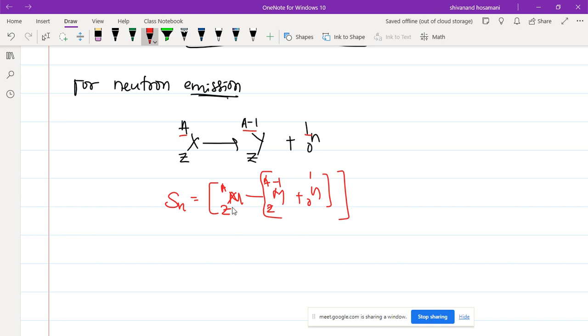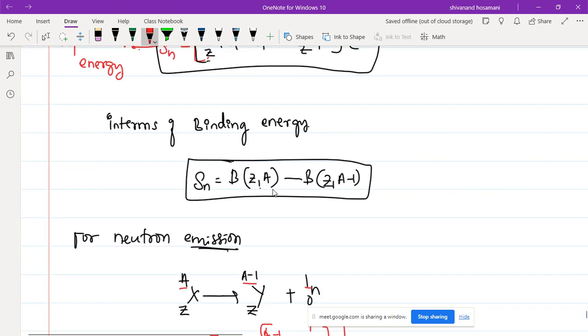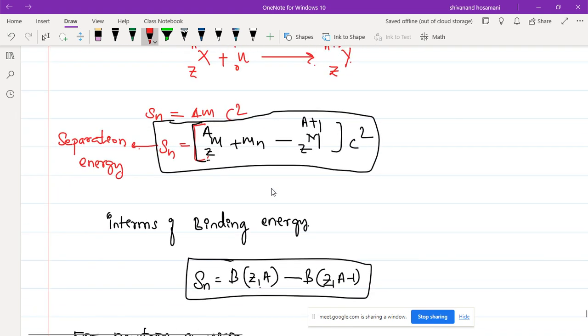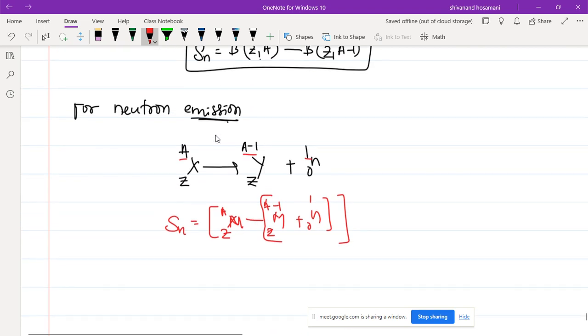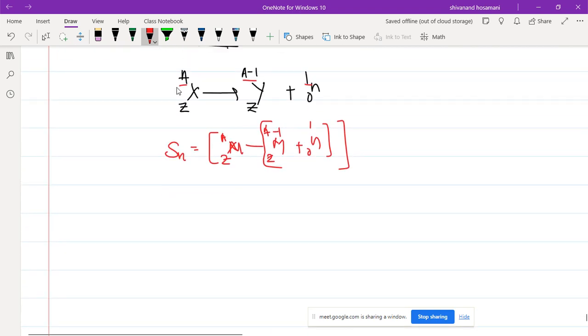Same thing I have written there, only here it is A plus 1. I will write the same equation to compare. There I have written Sn is equal to this, M with Z with A.